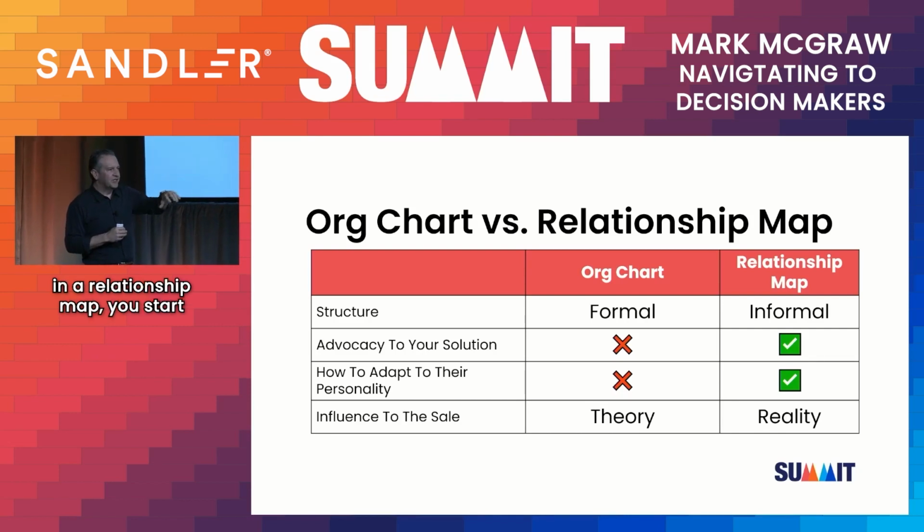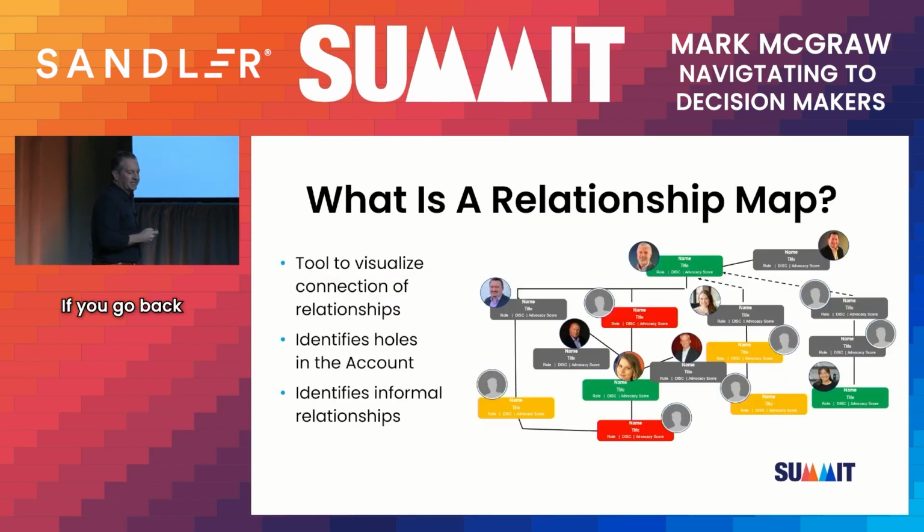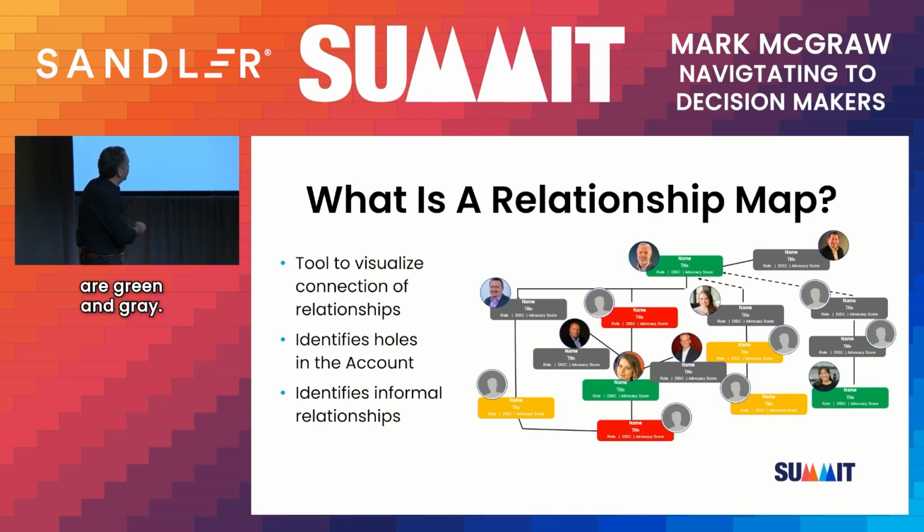In a relationship map, you start to see other things. Who's going to lunch with who? Who's an advocate for you? If you go back to this over here, one of the things you'll see is that these are green and gray. Gray may mean that you haven't met them yet. Yellow is they're sort of neutral. Red might be that they're against you.